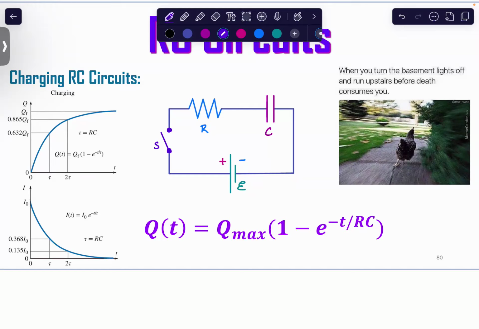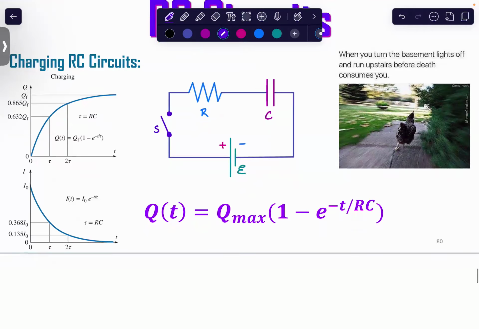And then you have a charging equation here. So the charge at any time t is going to be the Q max of the capacitor times 1 minus the exponential of negative t over RC. So RC is your resistance times capacitance, and the textbook actually calls that RC.